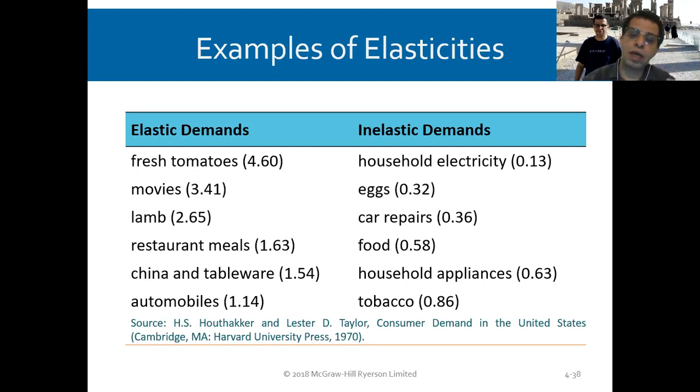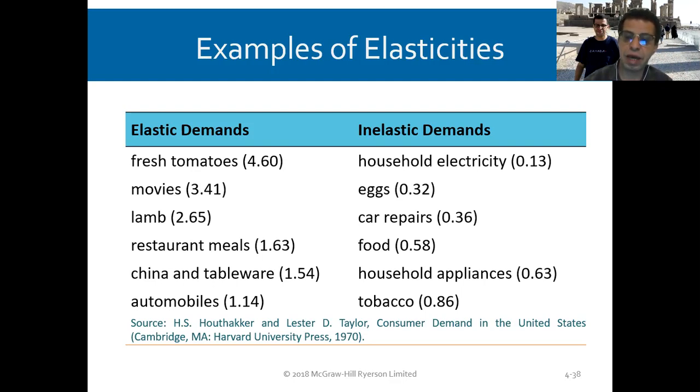When fresh tomatoes go up in price, you show more reaction and reduce your consumption of tomatoes; you probably go for tomato paste or do something else. For movies, your reaction is also high. So you are elastic.